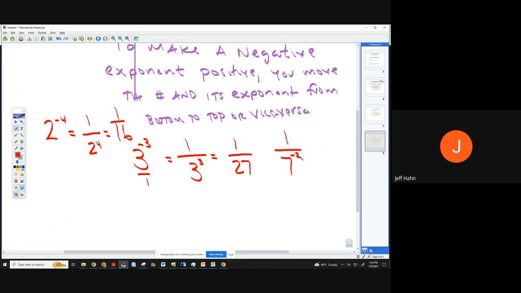You move the number and its exponent from the bottom to the top or vice versa. Where is it starting here? On the bottom. Where do I have to put it to make it positive? The top. So this just becomes 7 to the positive 2 power. You don't need a 1 on the bottom. And what is 7 squared? 49.